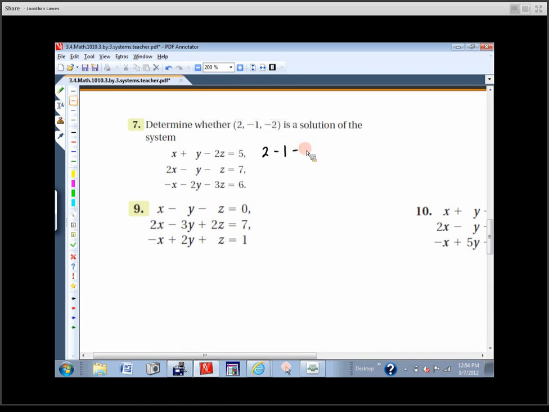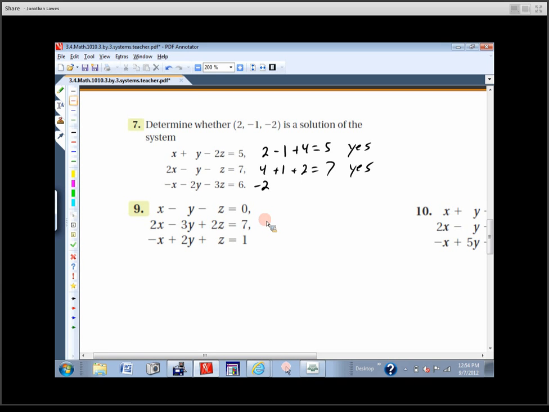So this is going to be 2 minus 1 minus 2 times minus 2. That's going to be plus 4 equals 5. That's good. So that's a yes. This is going to be 4 plus 1 plus 2 equals 7. That's a yes. That's going to be minus 2. Again, how am I doing that?